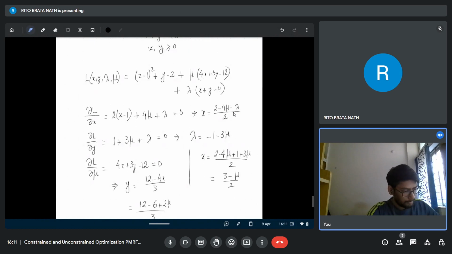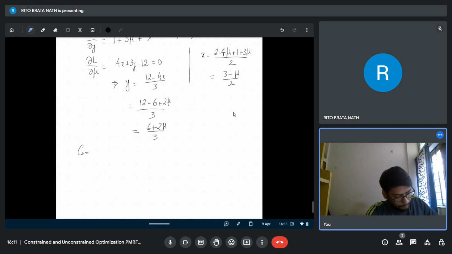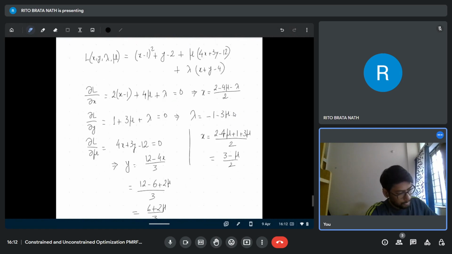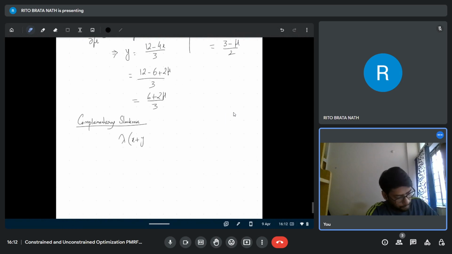Finally, you have the complementary slackness condition. So that's lambda times (x plus y minus 4) equals 0.